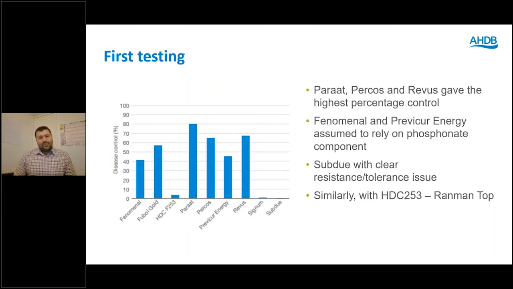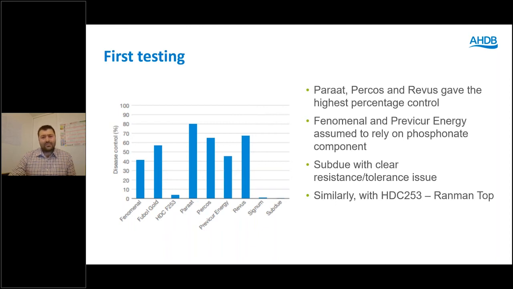So Lyndon talked about our testing. We had included in the first round of testing a number of products, including products that some of you might question, such as Signum. Why is it in there? Signum was included just to ensure that the trial was carried out correctly, almost like a negative treatment that shows that SDHIs have no impact on oomycetes.